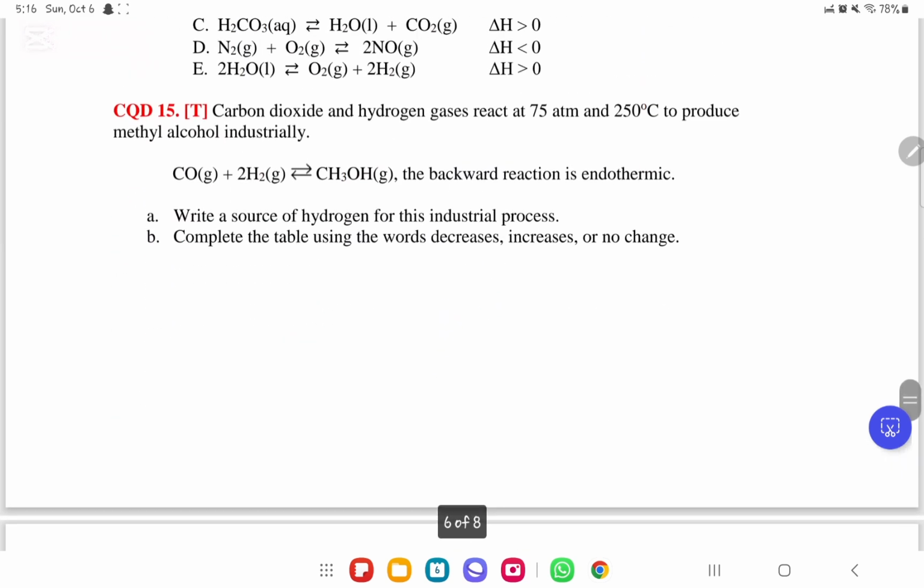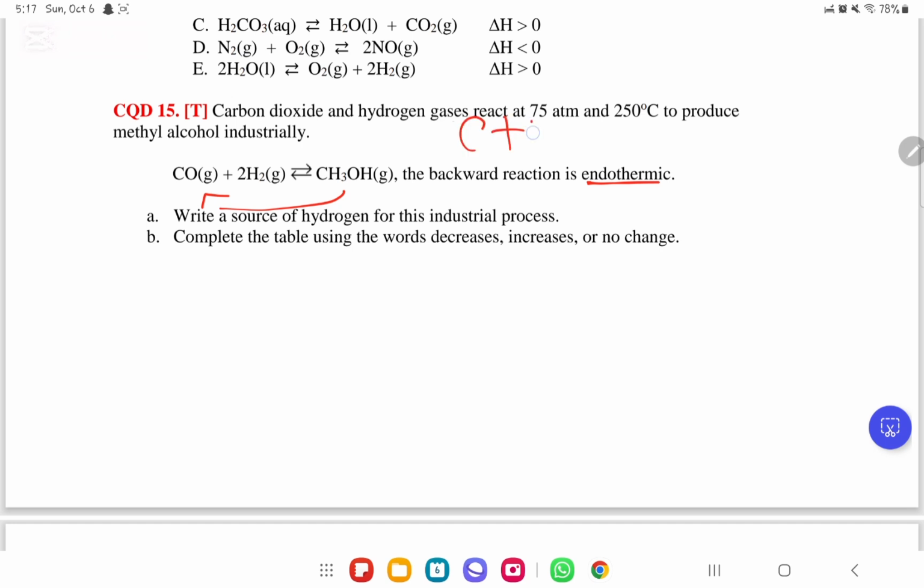Now CQD number 15. Carbon dioxide and hydrogen gases react at 75 atmosphere and 250 degrees Celsius to produce methyl alcohol industrially. Here we go. The backward reaction is endothermic. So if the backward reaction is endothermic, what does it mean?